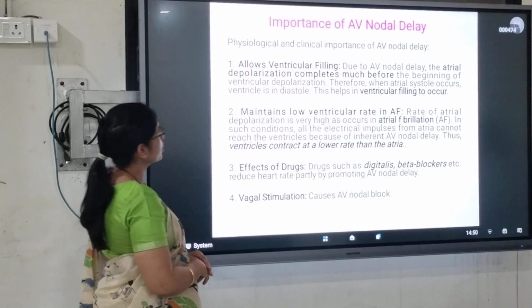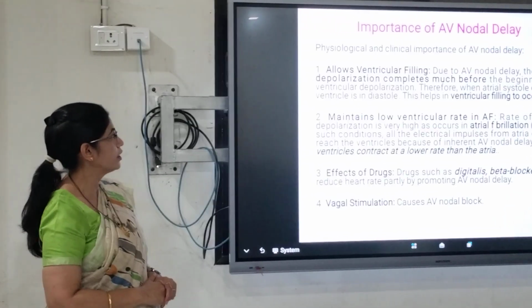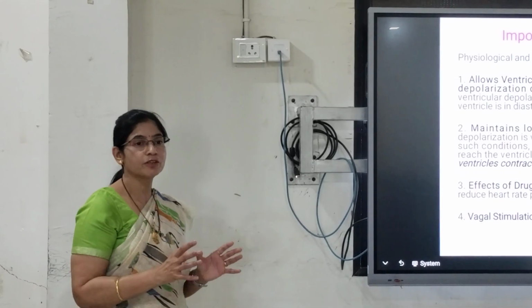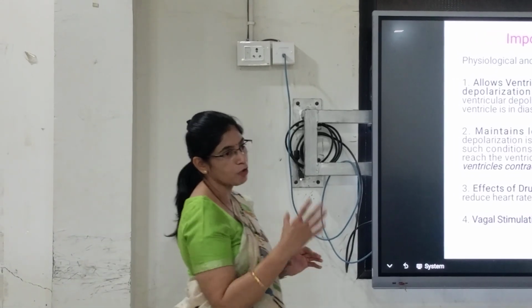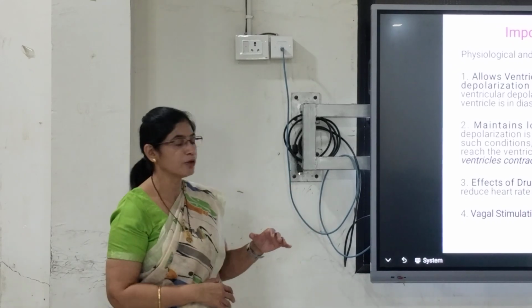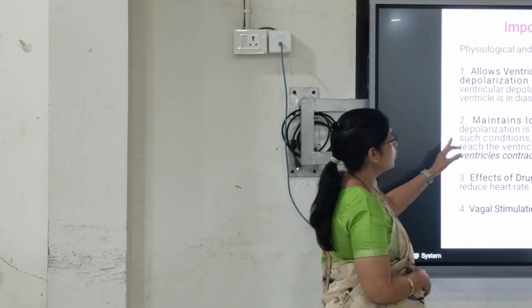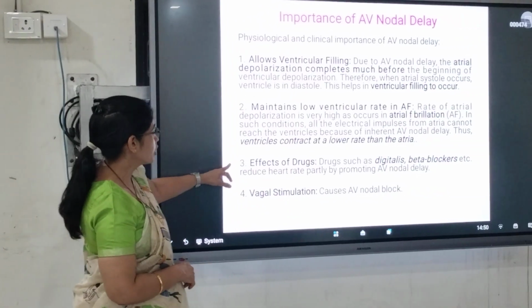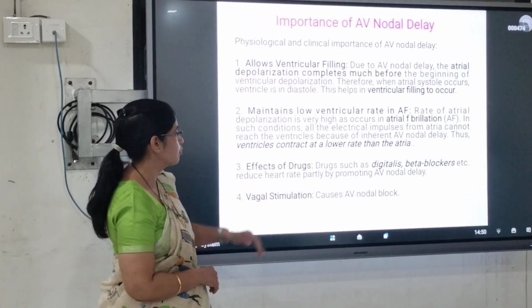So this is the importance of the nodal delay. It allows ventricular filling. More time is available to fill the ventricles, from the left side from the left atria and the right side from the right atria. It maintains a low ventricular rate in atrial fibrillation, and some drugs act here.